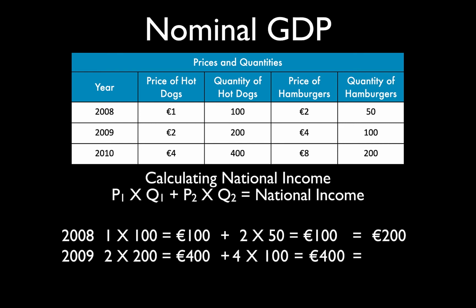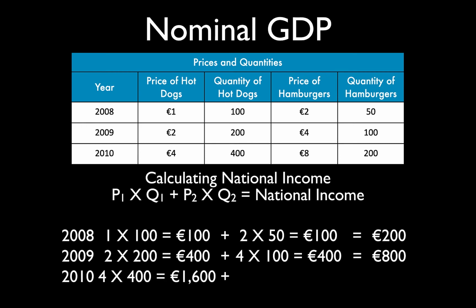For 2009, we do the same, but we know that the prices have increased, which is going to give us an inaccurate figure, a figure that overstates the increase in our ability to consume, which has been brought about by production in the economy, and therefore we know that there's a problem with inflation.